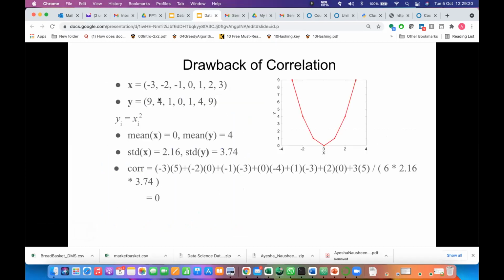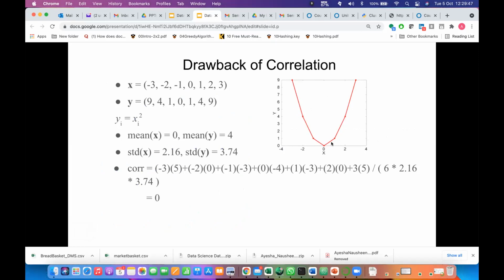So what is the drawback of correlation here? You are getting zero correlation between them, but there is correlation between X and Y. We have seen that up to some extent, whenever X is increasing, Y is decreasing. After that, X is increasing, Y is also increasing. If you split this graph into two parts, then you can see there is correlation between X and Y. In the first part, as X increases, Y decreases.